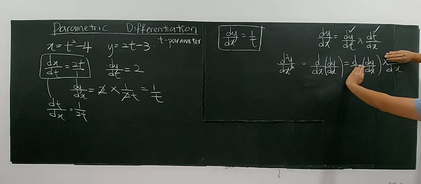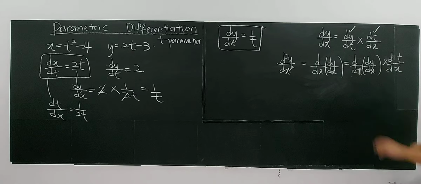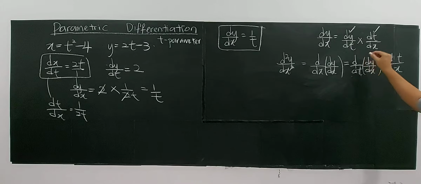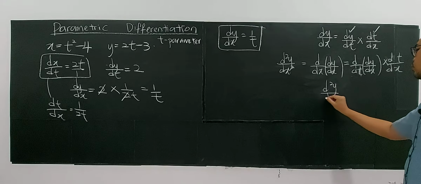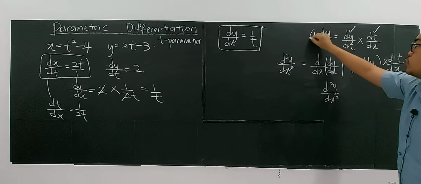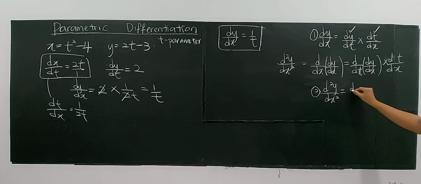D/dx of dy/dx, apply the chain rule again, so d/dt and dt/dx. Therefore this is the formula. I conclude that for d2y/dx2, the most important thing is you must know this formula. Secondly, you must know that you apply the chain rule again.